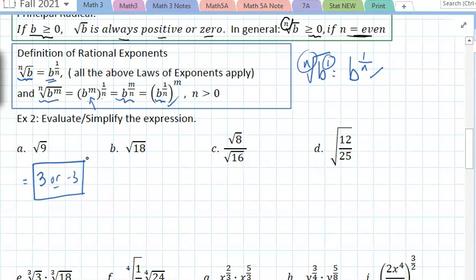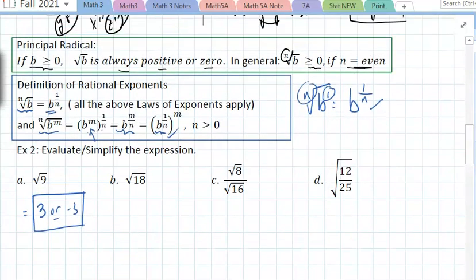And negative 3 times negative 3 is positive 9, except we just set up the principal radical, and we said an even index radical is always positive or 0. Even though negative 3 times negative 3 is positive 9, the fact that this is a square root, there's a 2 sitting there, the outcome can only be positive. Negative, even though it works, it's not allowed, not for us.